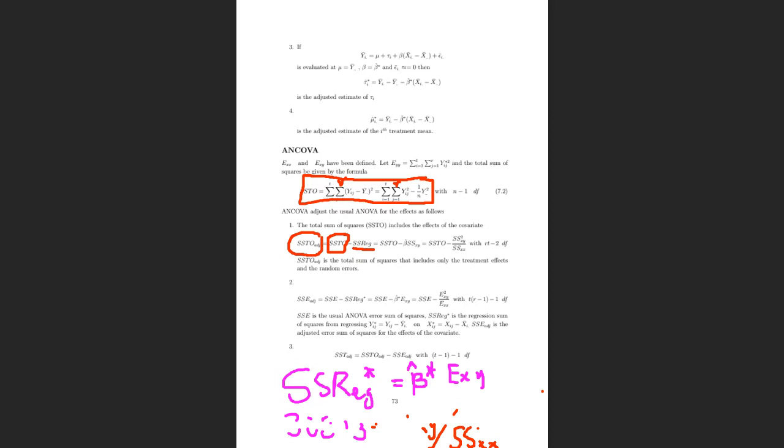Can someone extend this formula? How can we write this formula better than what we did now? It's the same as what? EXY squared over SSXX. Thank you.